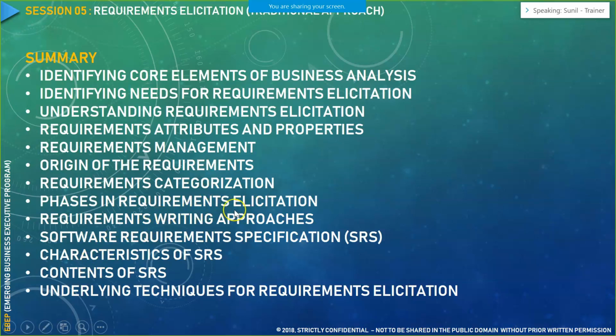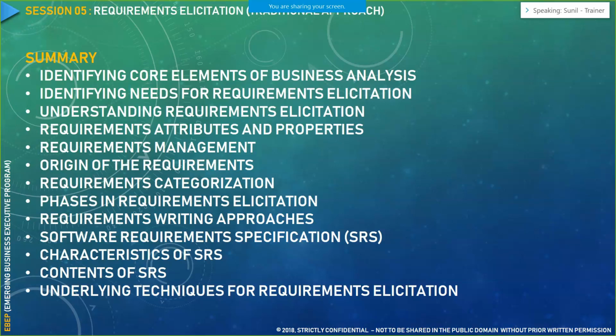Then we saw the phases in requirement elicitation as explained earlier: the discovery phase, the organization and categorization of the requirements, then the third phase, prioritization of the requirements and describing of the requirements. Then we saw the requirement writing approaches with the help of simple language. Then we saw natural language specification.